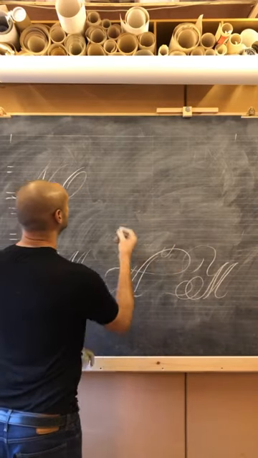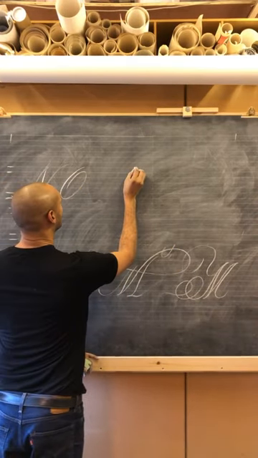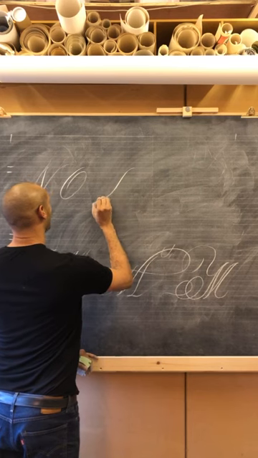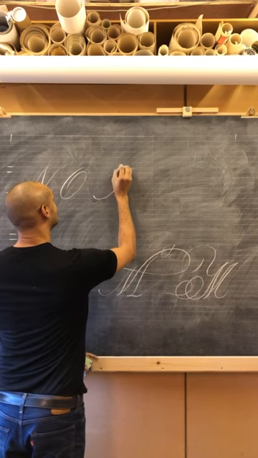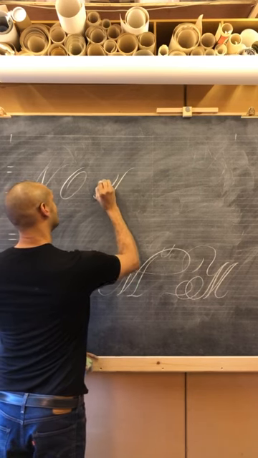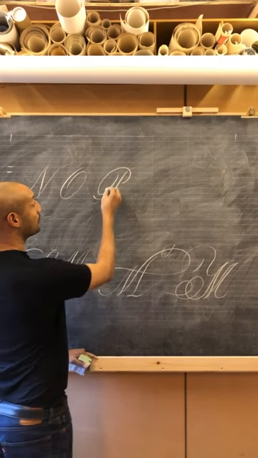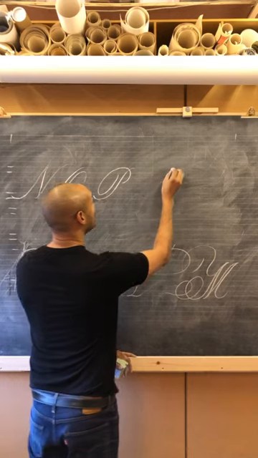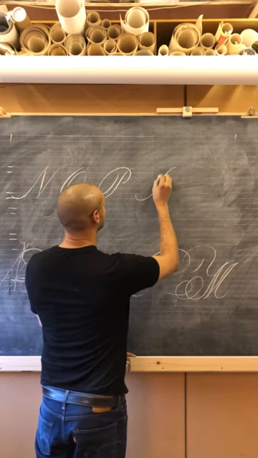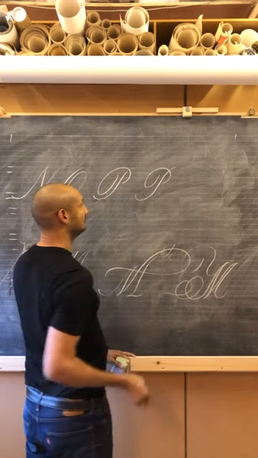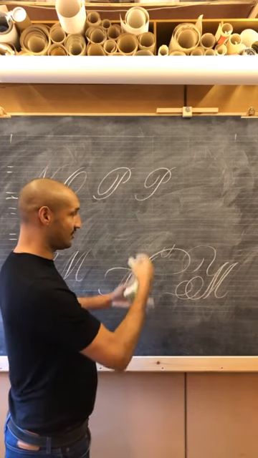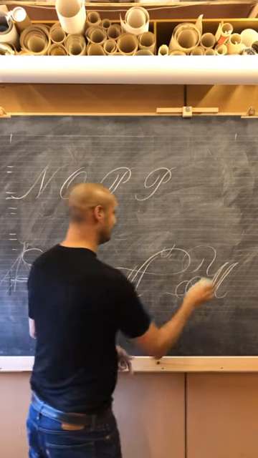P, keep the left bowl low. Why? Because you have a lot of space to fill. If you do this, it doesn't really sit with the rest of the letters.